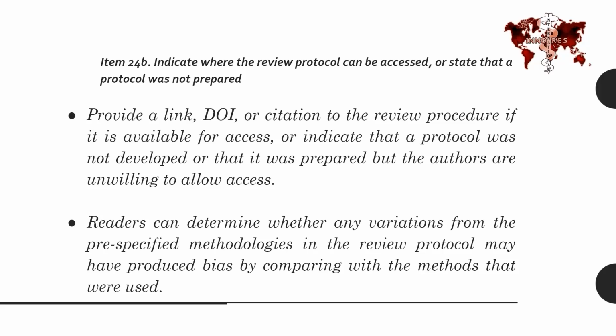You can indicate this by providing a citation, a DOI, which is short for Digital Object Identifier, or a link to the review protocol. It's very important that this is provided because the review protocol might even contain some information about the methods that was not provided in the final review reports.